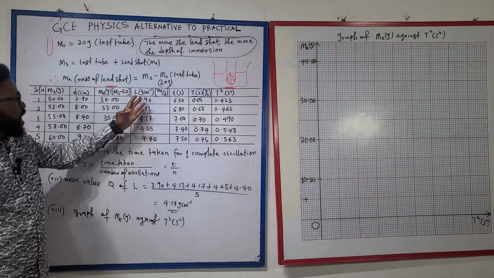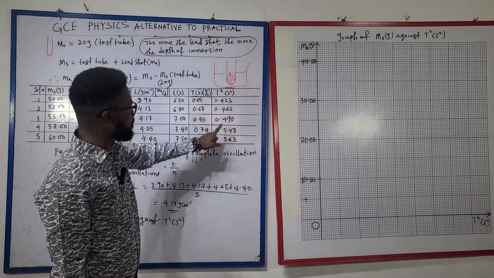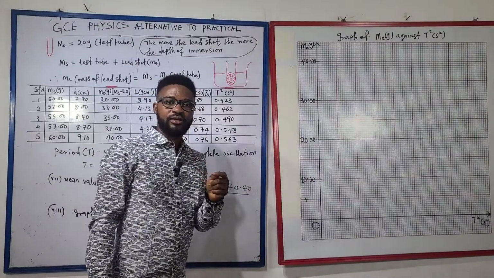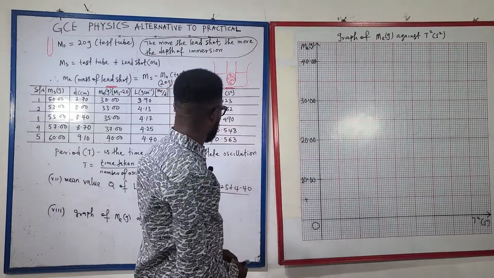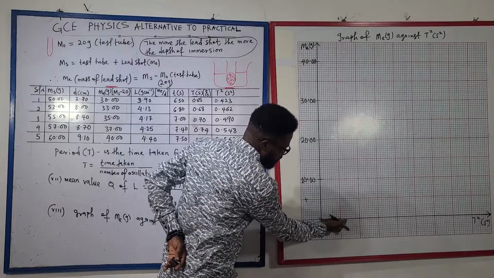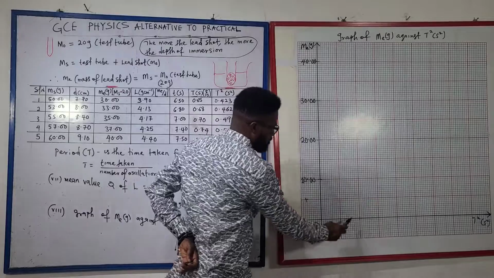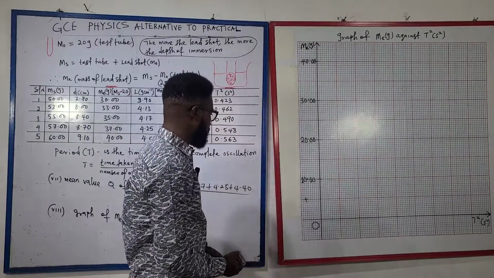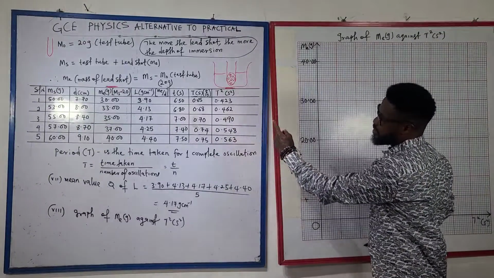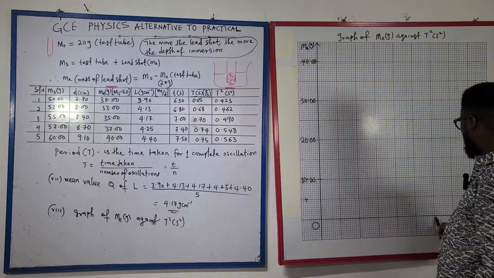That's the vertical axis. And then for the horizontal axis, I am dealing with T square. The smallest is 0.423 and the largest is 0.563. So what I'm going to do is take from here to here 2 centimeter, from here to here 2 centimeter. You can see here to here is 2 centimeter, and that's the same thing on paper. So I'm thinking 0.1, 0.2, 0.3, 0.4, 0.5, 0.6.